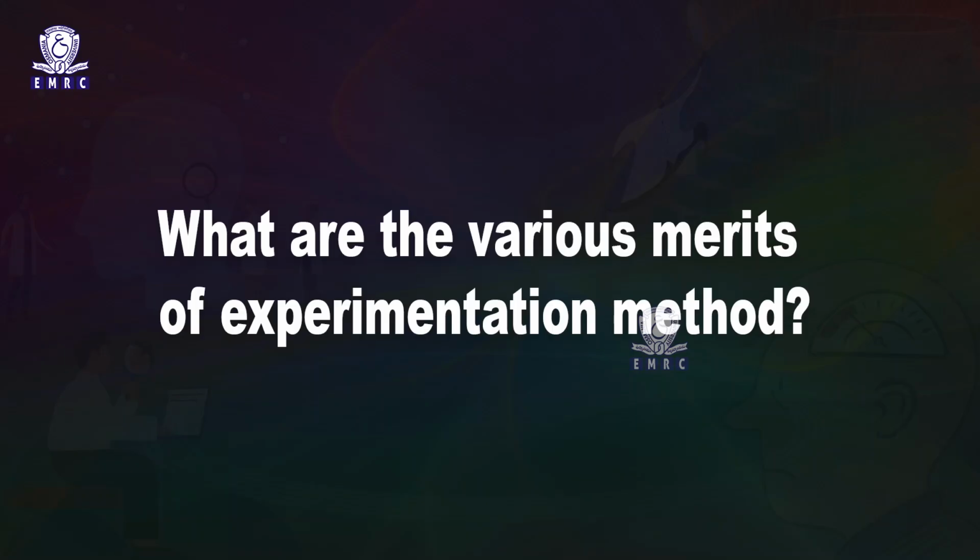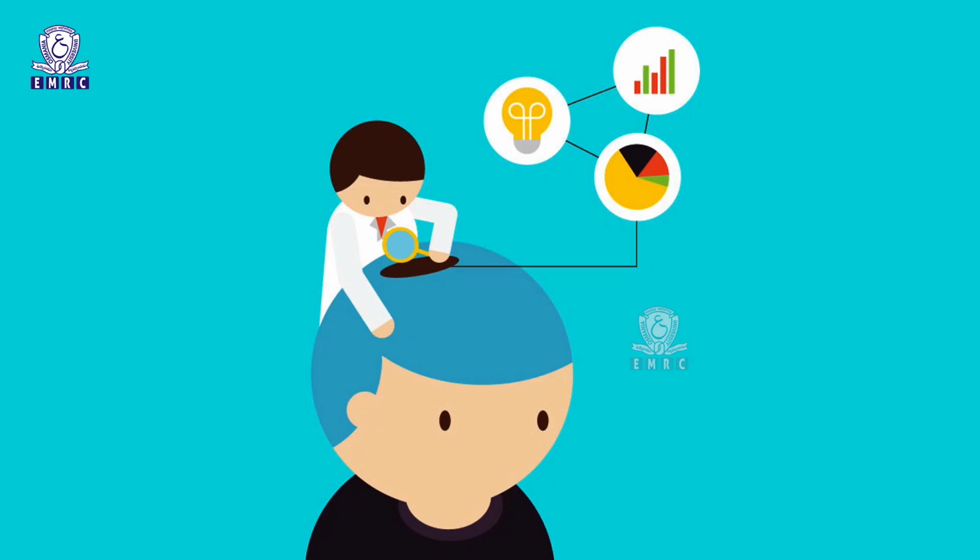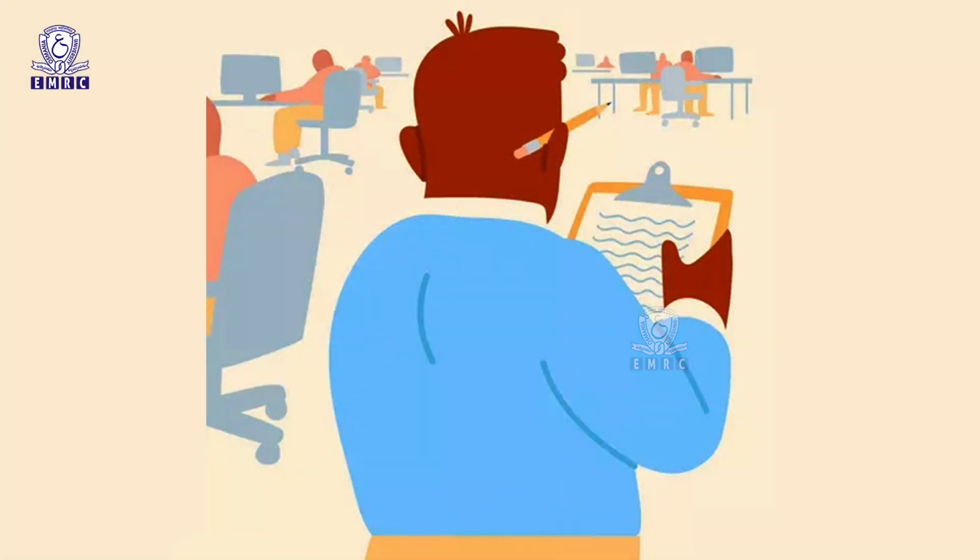Now let us understand the various merits of the experimental method. Being most precise and scientific, it has certain advantages. First, it is the most systematic method of getting reliable data. Second, it enables accurate observations due to controlled conditions.